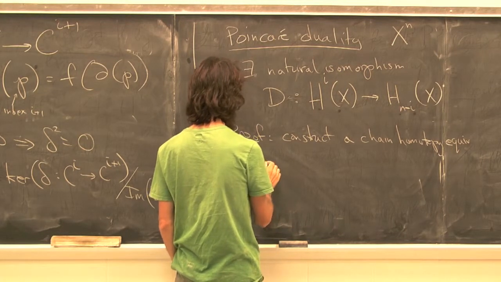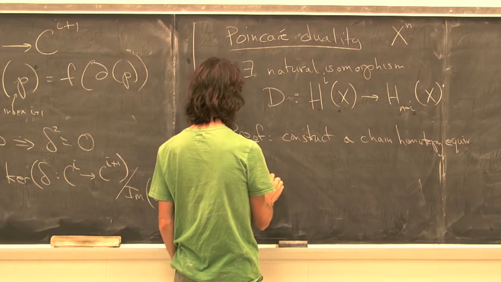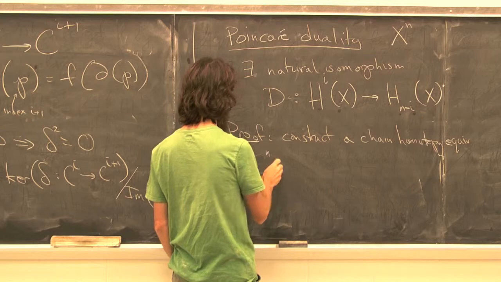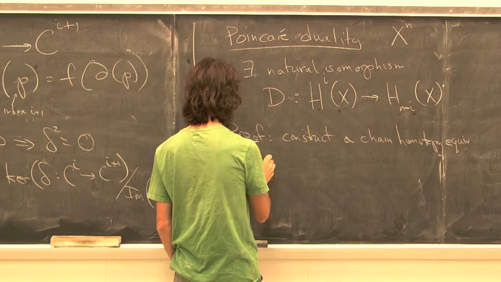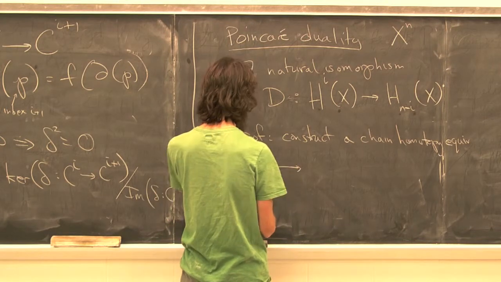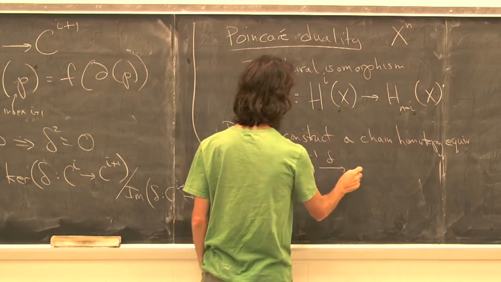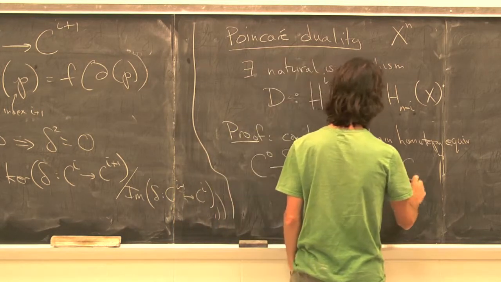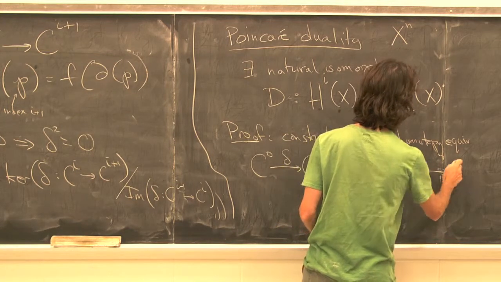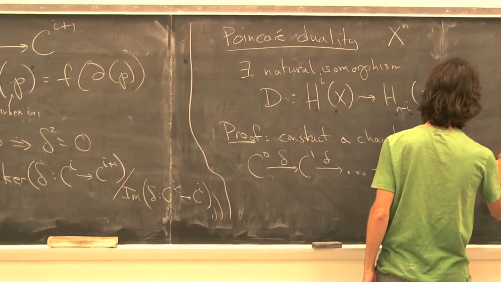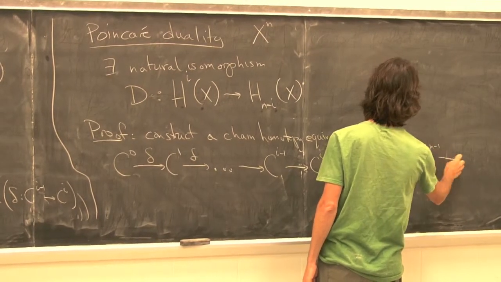Which is going to go from the dual, so I'm going to write down C upper n, let me write the boundary maps. So let me write C upper 0 goes to C upper 1, these are the co-boundary maps. A typical intermediate term, C upper I minus 1, C upper I, C upper I plus 1, goes to C n minus 1, C n.